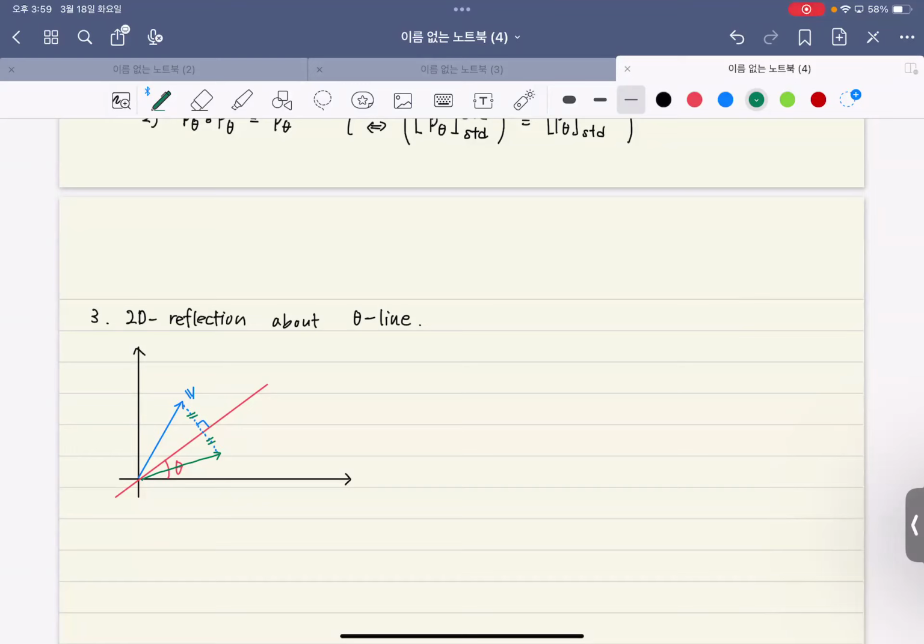So this is what I mean by reflection about the data line. I'm going to call this transformation H of data. Clearly, this is a linear transformation from plane to plane, R2 to R2. So this is H data of V.